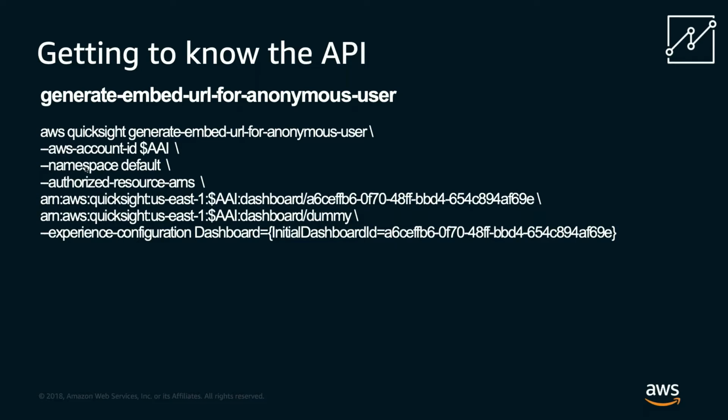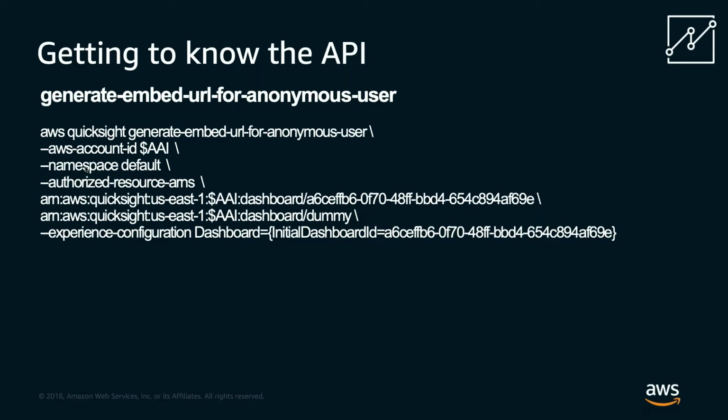It could be an enterprise account wherein you have set up separate namespaces for different departments. Or it could be an ISV wherein you're having separate namespaces for different end customers. And you might have a need to use anonymous embedding for those departments or customers. And along with that, you want to track the usage back to those entities.